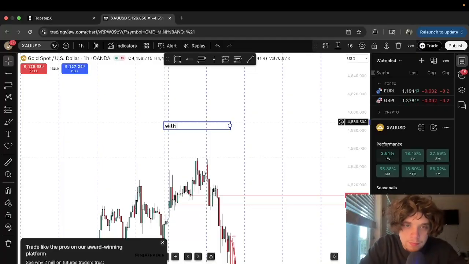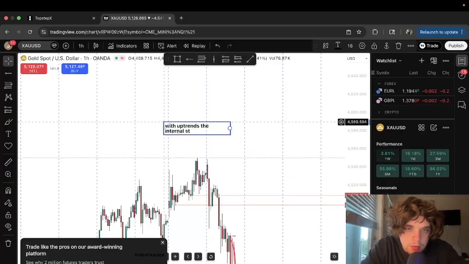With uptrends, the internal structure is on the inside because it's internal.